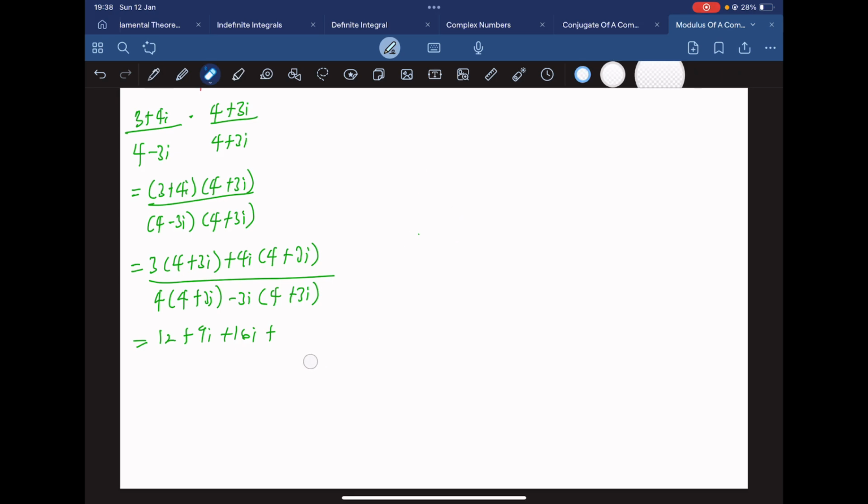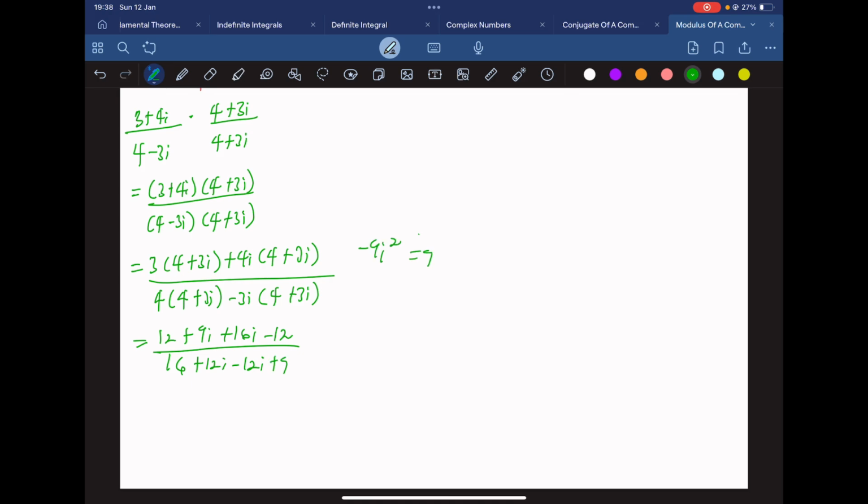So in that case, we're just going to have negative 12 here. Now 4 by 4, we have 16. Then plus 12i minus 12i. Then this by this, we have negative 9i squared, which is equal to positive 9.